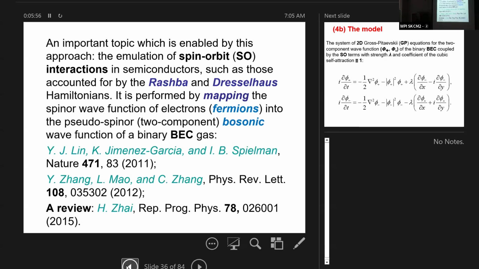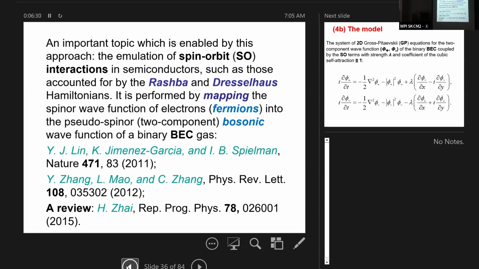In particular, the Hamiltonian in semiconductors, of course, includes the fermionic spinor wave function of the electrons, while in the case of the 2-component bosonic gas, it is a pseudo-spinor. A pseudo-spinor simply has two components which correspond to two different components of this binary atomic gas, and they emulate the two components of the spinor wave function of the electrons.